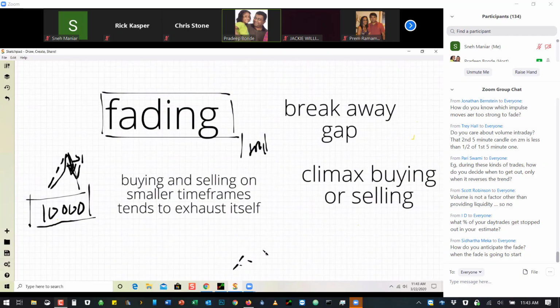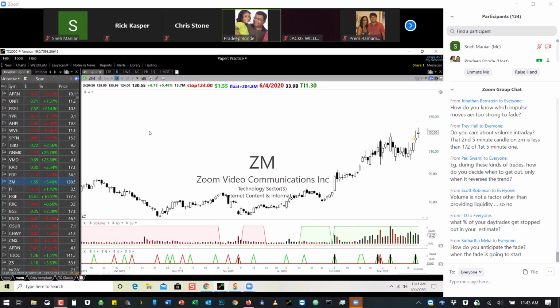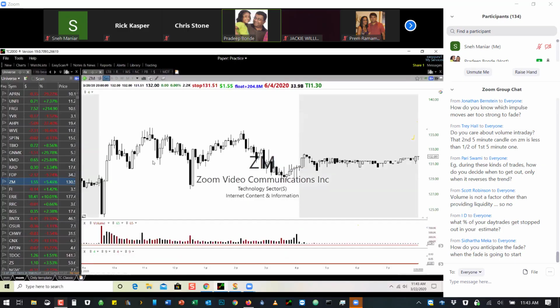They're looking at getting out, and as soon as that buying is over, you get a fade. Many times the fade is so violent that the entire move which happened gets undercut sometimes, and then the stock moves in exactly the opposite direction. And then if you're new, you're just sitting there like a deer in the headlights, completely stuck, frozen. And by the time you realize what happened, you're down 8% in your account.